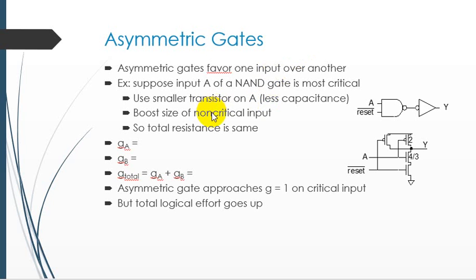In a series network, this involves connecting the early input to the output transistor and making the transistor wider so that it offers less series resistance when the critical input arrives. In case of the parallel network, you can see that the early input is connected to a narrow transistor to reduce the parasitic capacitance.